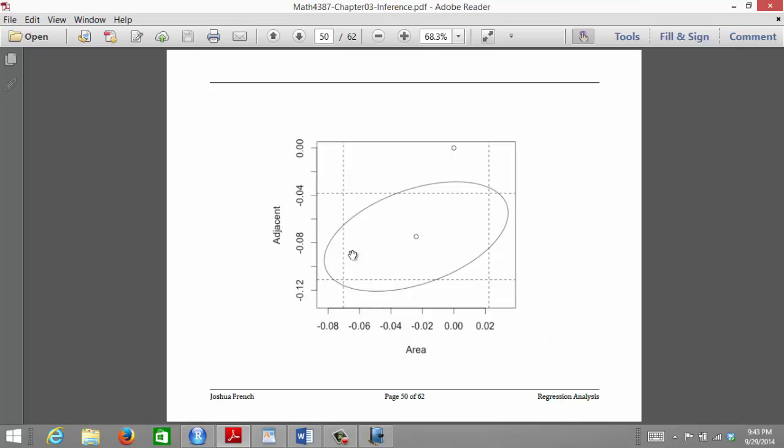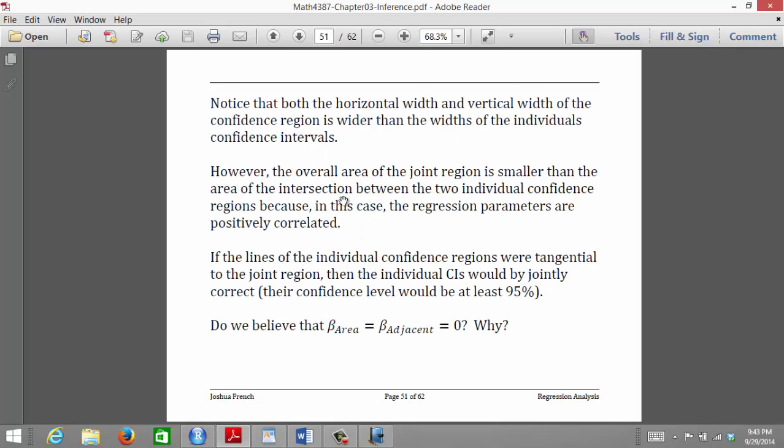It wouldn't use the information as efficiently as the simultaneous confidence region, but if in fact the individual confidence intervals were tangential to the confidence ellipsoid, then they would have simultaneous 95% confidence level. They'd actually just be a little bit too conservative. So that's something to keep in mind.